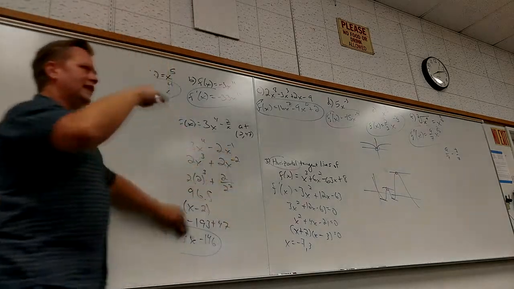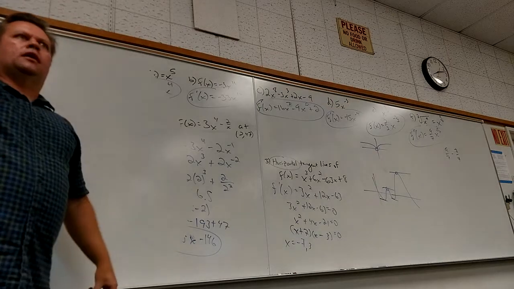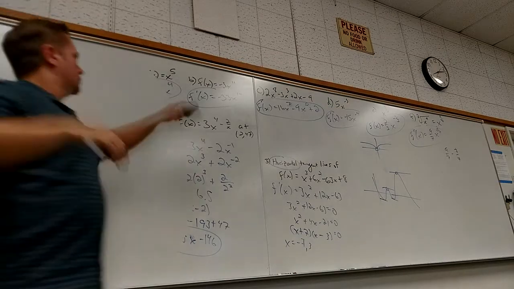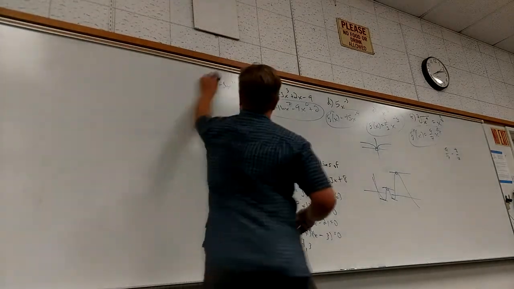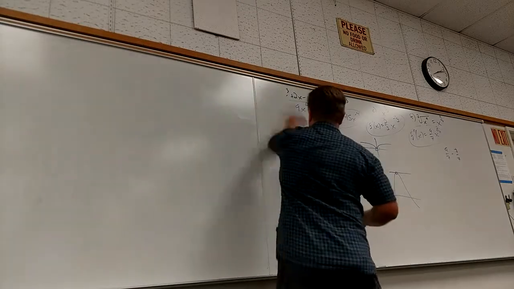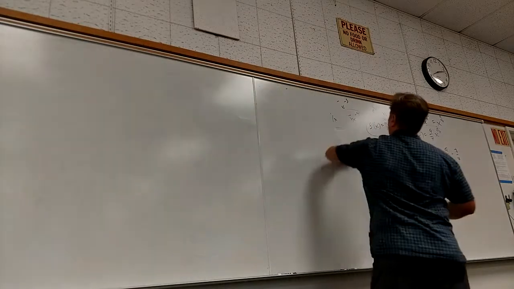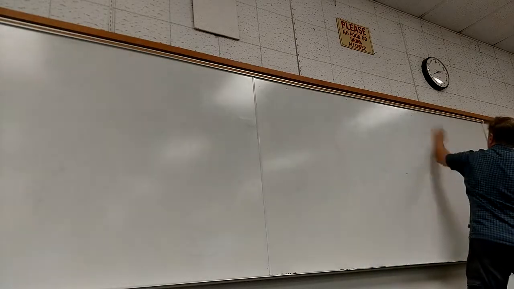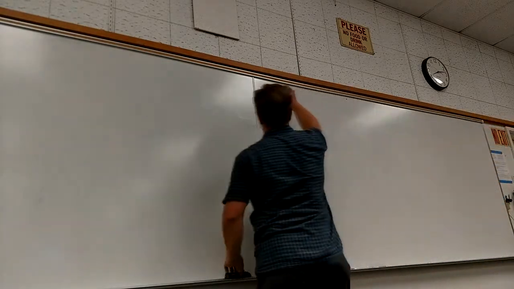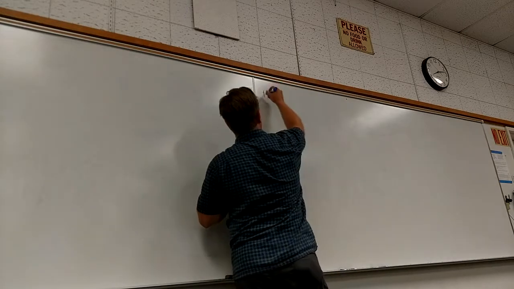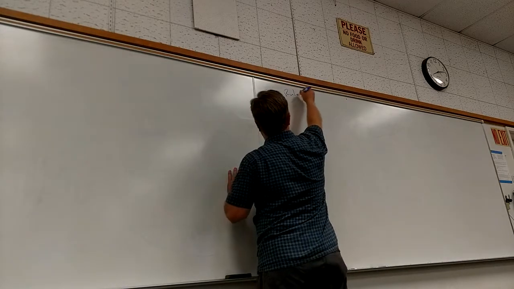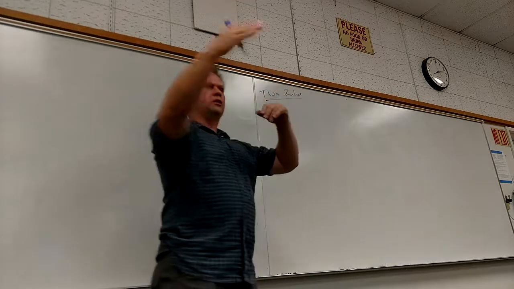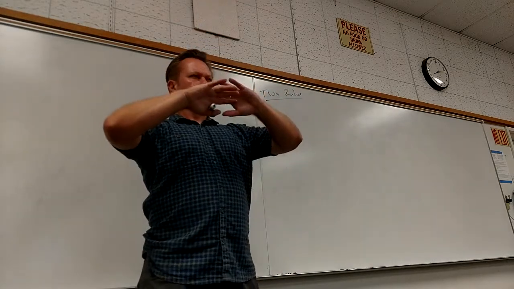Kind of the next level up from straight up polynomials, like rational functions. So there are two rules we're about to talk about, to build on top of what we've done so far.